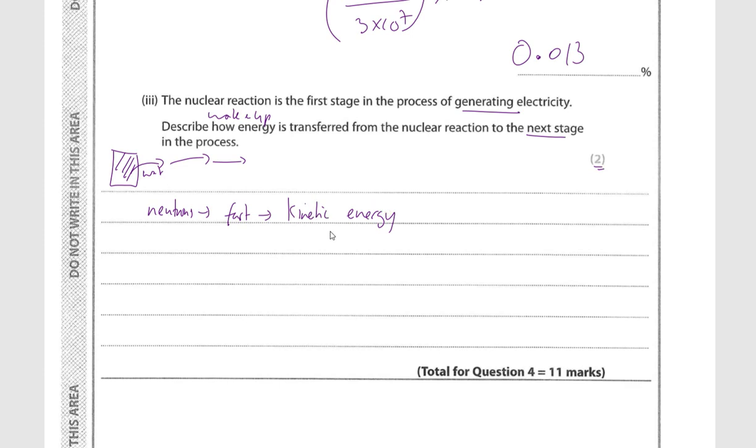That kinetic energy is transferred to heat energy to heat up the water into steam. The next step in terms of energy transfer is that the kinetic energy of the fast moving neutrons is transferred to heat energy, or thermal energy, because we need to heat up the water into steam.